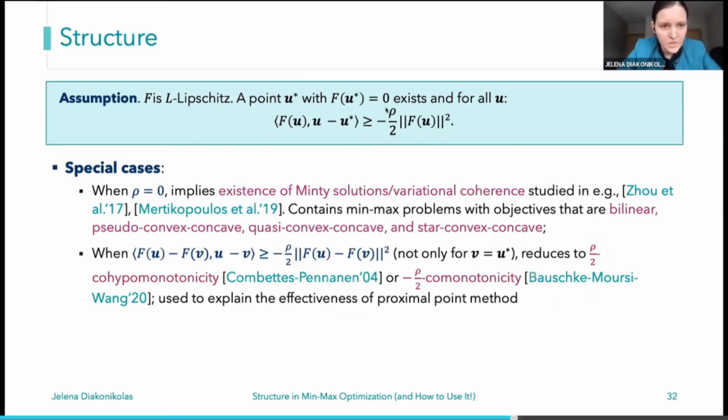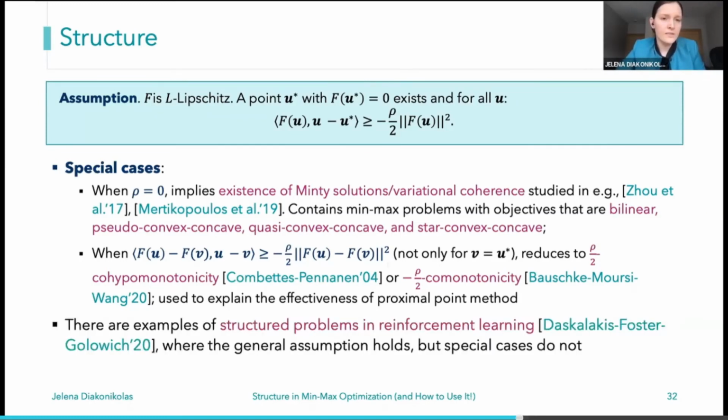It is a special case of this because you recover this condition when you take this V to be a solution, to be just U star. This was originally studied to explain why the proximal point method converged on some non-convex, non-concave problems. It was a surprising fact and people wanted to understand why this happens. There are results even from '04 on this.